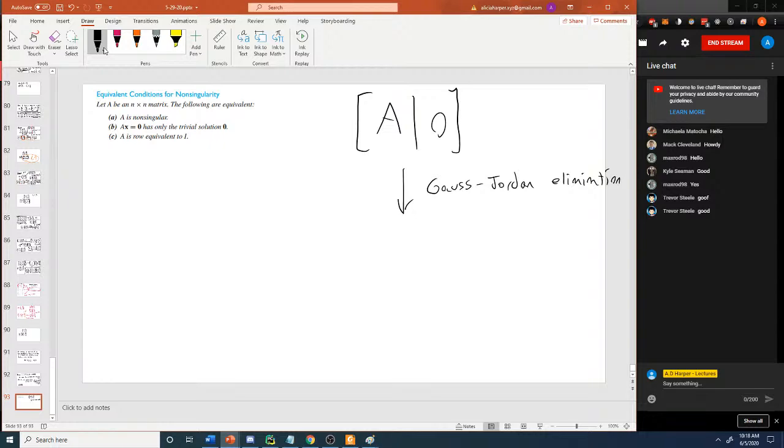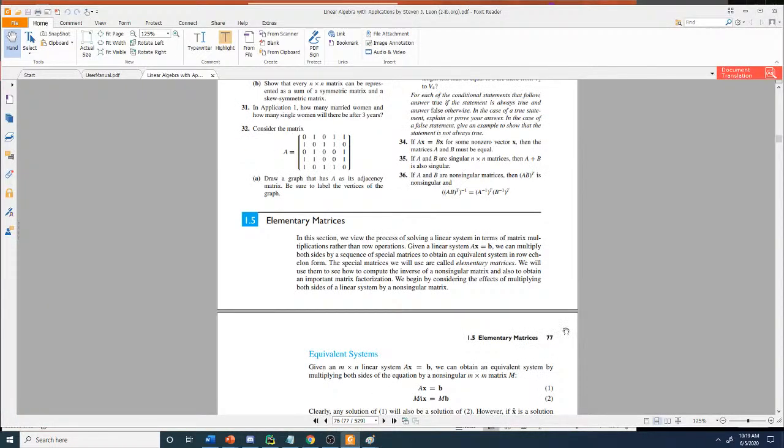The way you do Gauss-Jordan elimination is you just perform a sequence of row operations. Eventually, after running the algorithm, you get some matrix here, E, and you'll still have a 0 on the other side of the pipe. And E is going to satisfy some criteria that we talked about before. So let me remind you of what those criteria are.